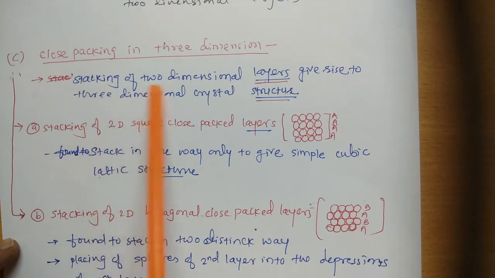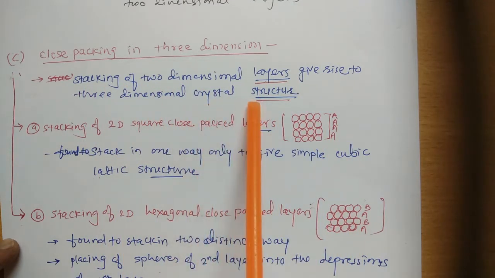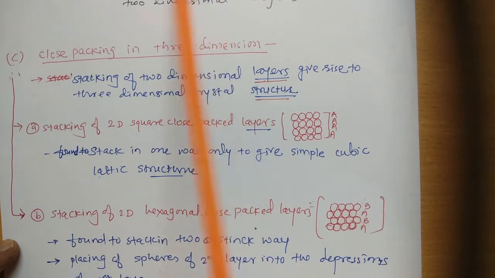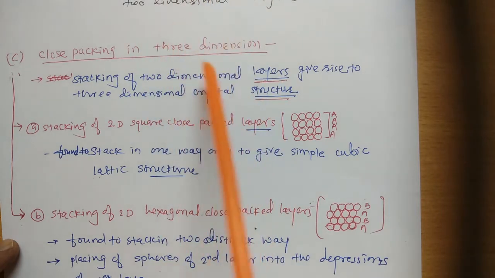Here stacking of the two-dimensional layers gives rise to a three-dimensional crystal structure, right? These two-dimensional layers give rise to the three-dimensional crystal structure.